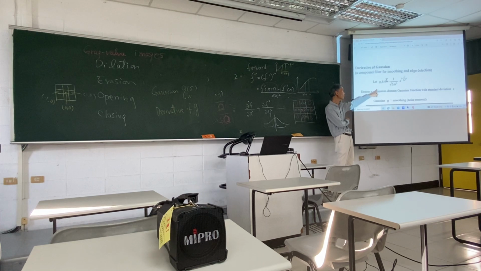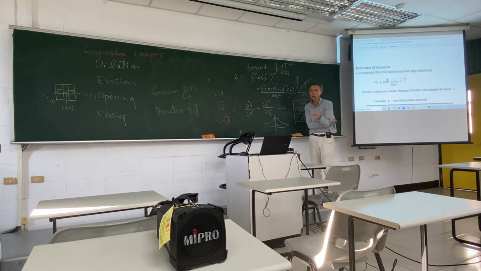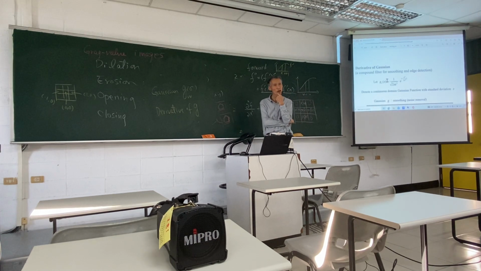This is our Gaussian function g. What is the derivative of a Gaussian or exponential function? The derivative of the exponential function is also an exponential distribution, right? The derivative of a Gaussian is still Gaussian, but we need to apply the chain rule.